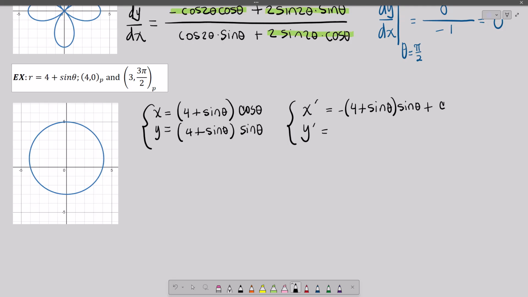So we have cosine multiplied by cosine, which is cosine squared. Now y prime: first times derivative of second, which is cosine, plus the derivative of first, which we already said is cosine, but this time it's multiplied by sine.